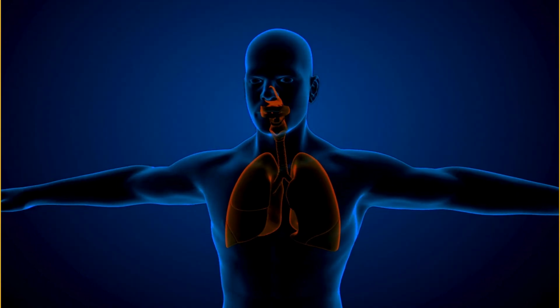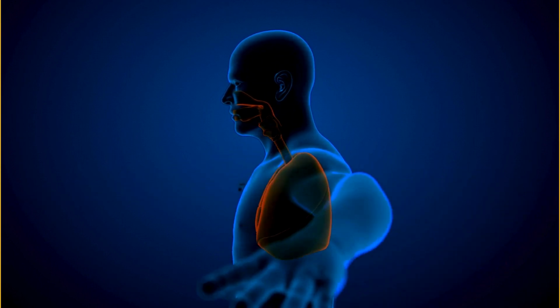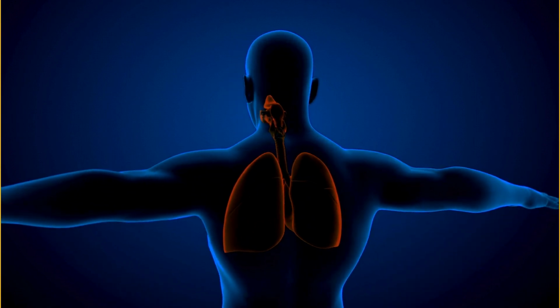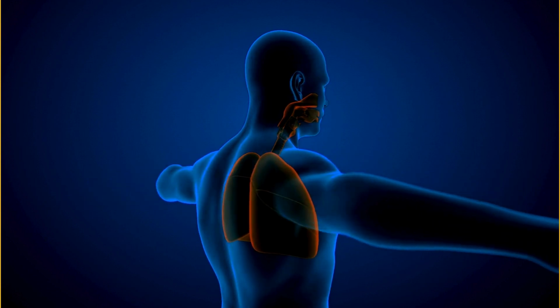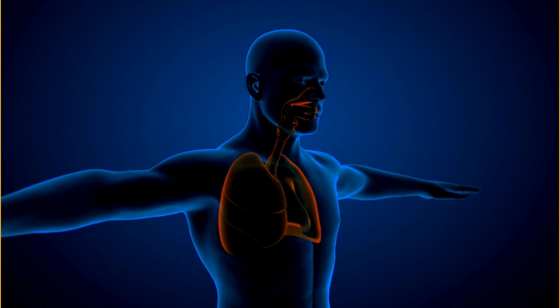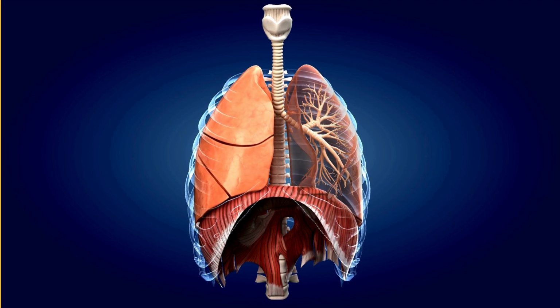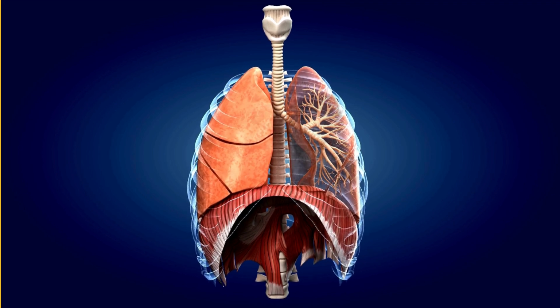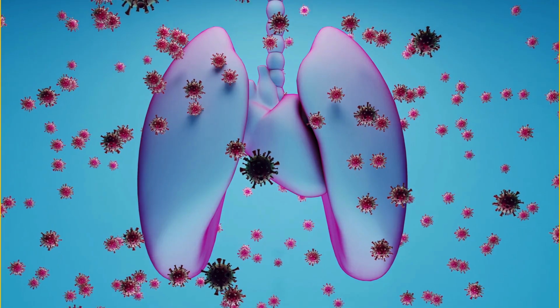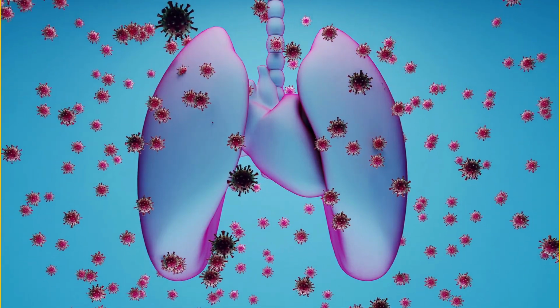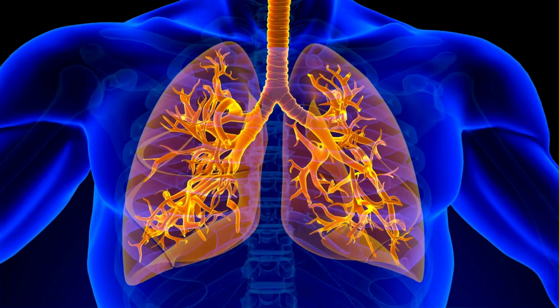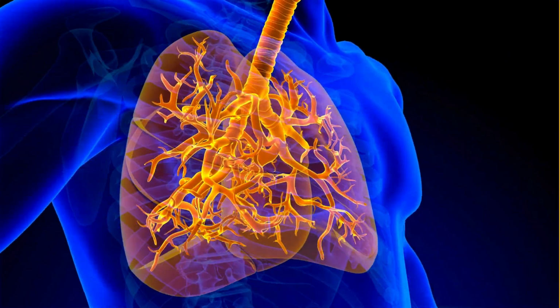This recoiling of the lungs increases pressure inside the lungs, and the increased pressure expels air from the respiratory tract, causing expiration. Now we will move on to the next part, exchange of gases.